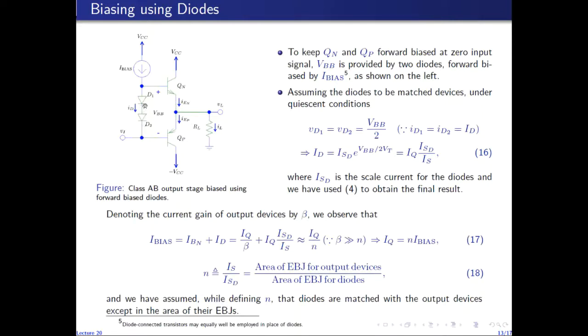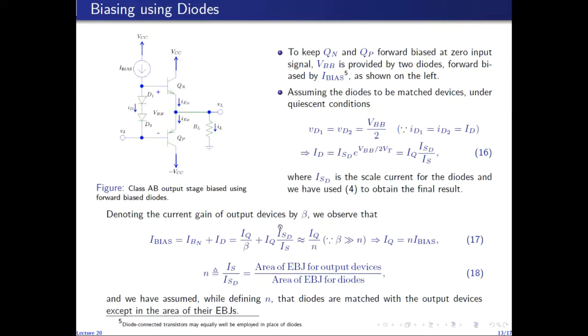So the diodes can have a different area of the emitter-base junction than the output devices. Since scale current is proportional to the area of the emitter-base junction, this ratio is given by the area of the emitter-base junction for output devices to the area of emitter-base junction for diodes. So N is the relative size of the output devices with respect to diodes.